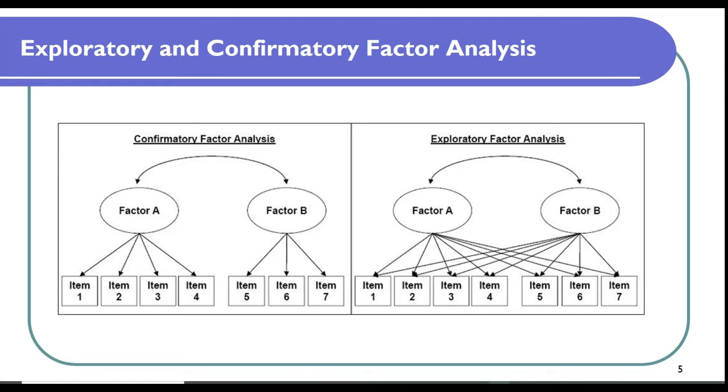So the ovals in this figure represent unobservable or latent factors, whereas the rectangles represent observed items. They are the questions, or the items, in our questionnaire survey.